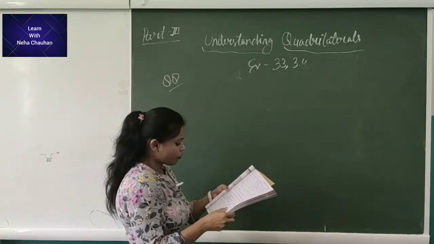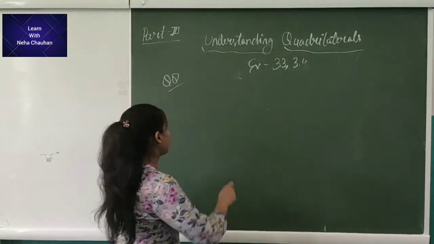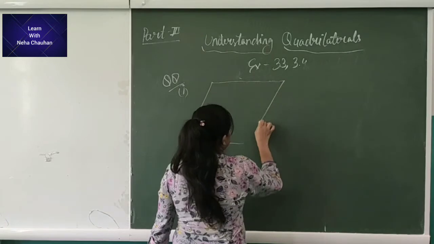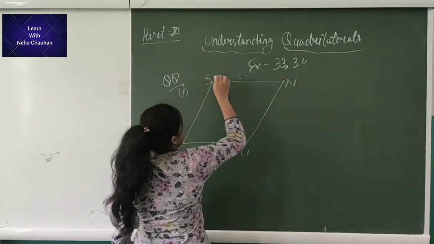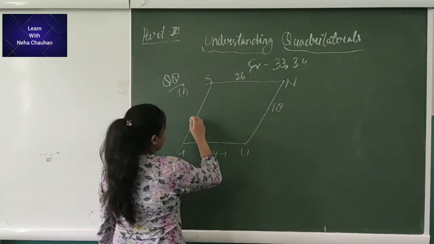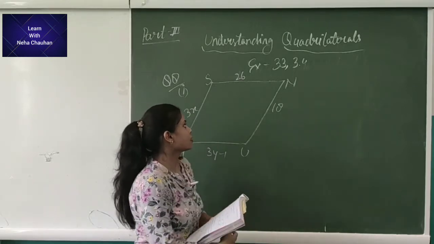The following figures, GUNS and RUNS, are parallelograms. Find x and y. So, we are given a figure that is a parallelogram. This is G, U, N, S. This is 26, 18, 3y minus 1 and this is 3x. Alright. So, let's start doing this question.